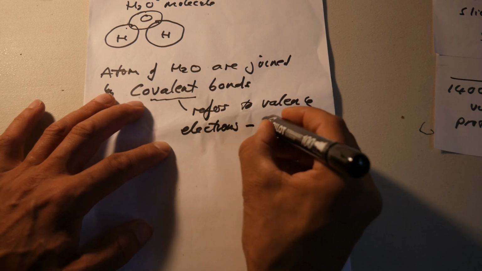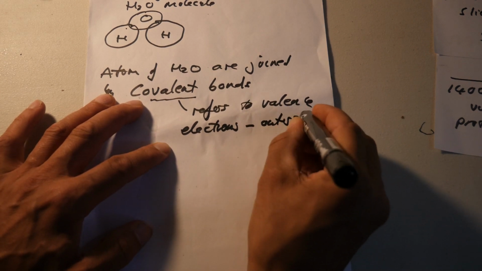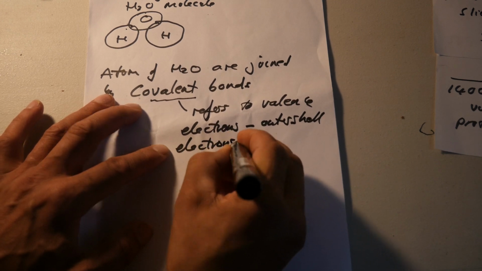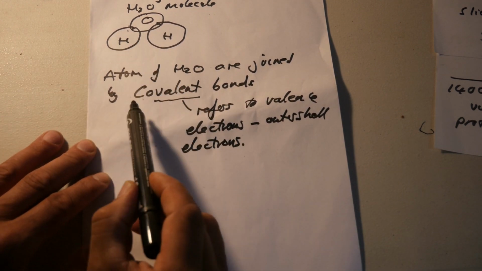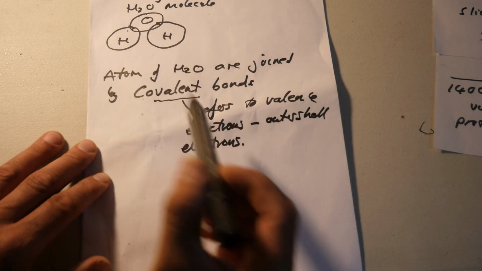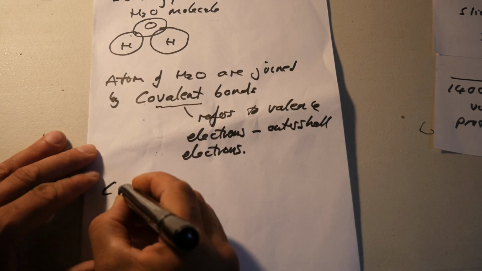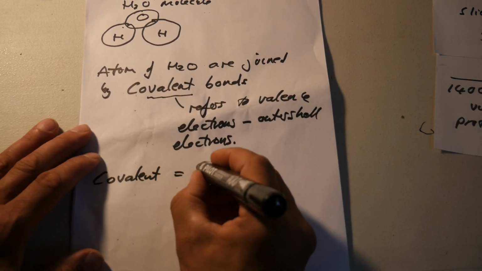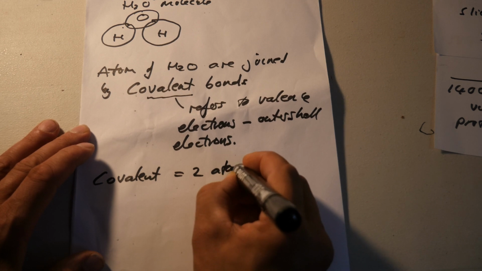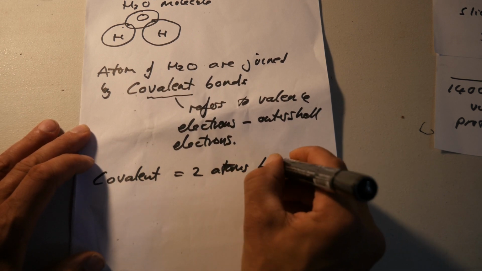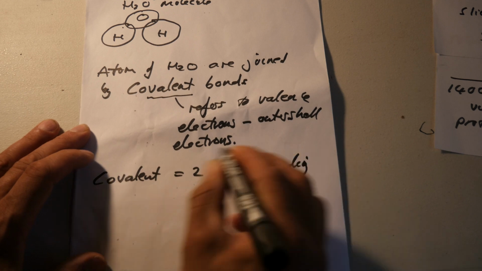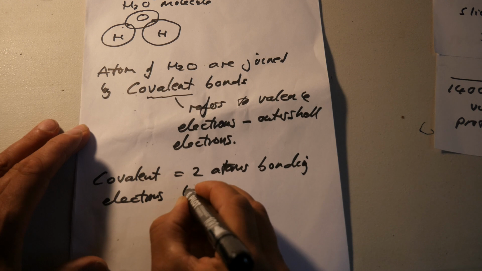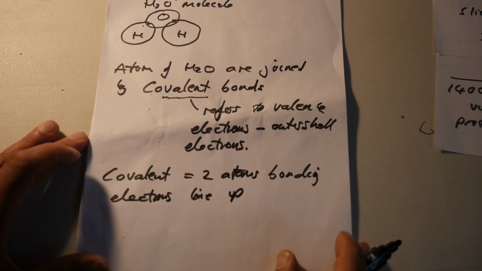And because there are two atoms, they're called covalent because the bonding electrons of the two atoms line up. That's where the name comes from.